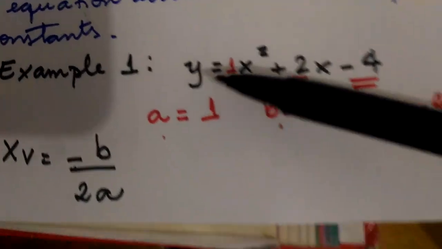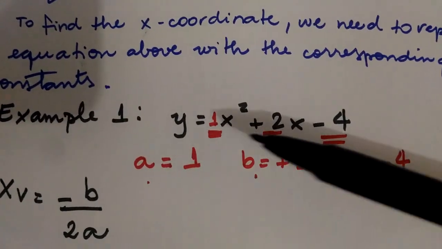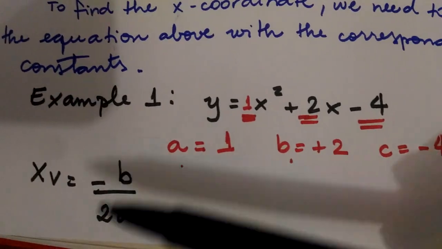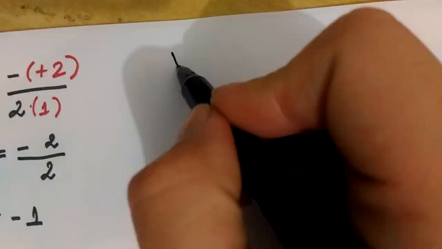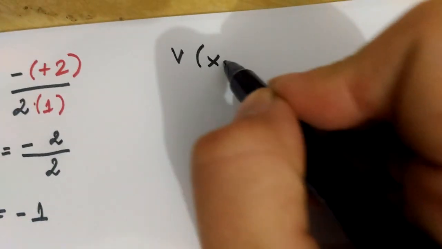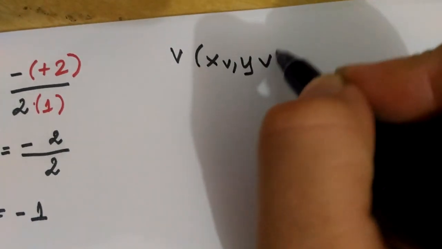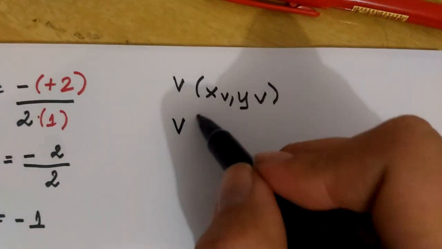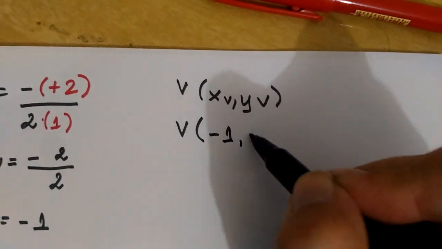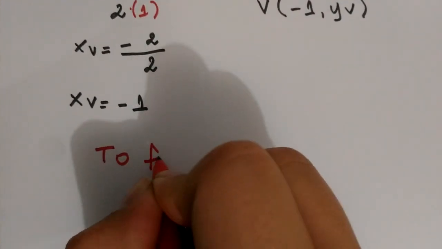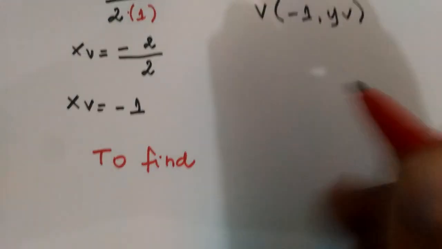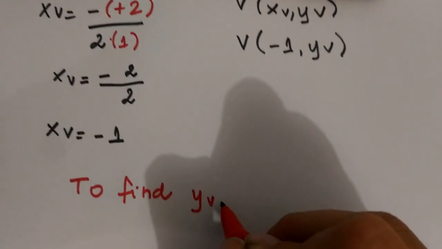I have identified A, B, and C, replaced them here, so I found the x vertex. So now my point V is negative 1, and to find the y vertex.